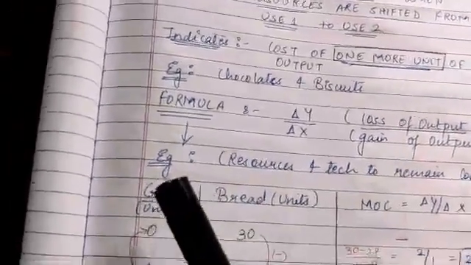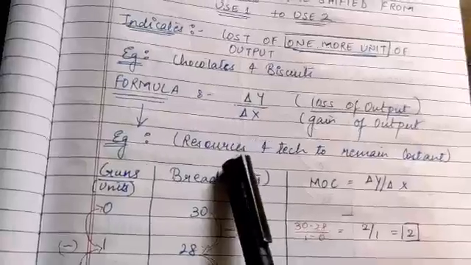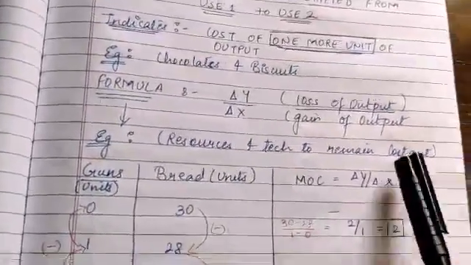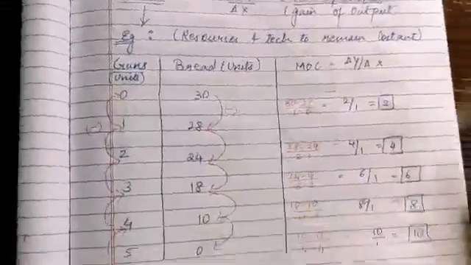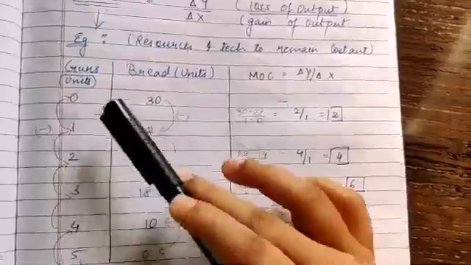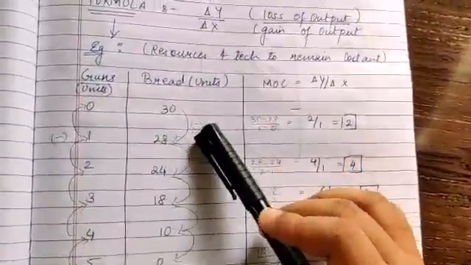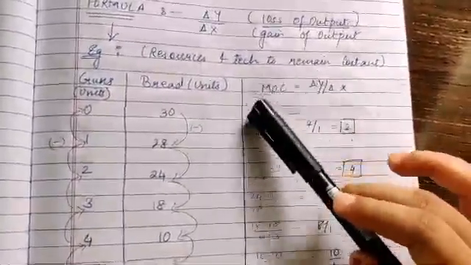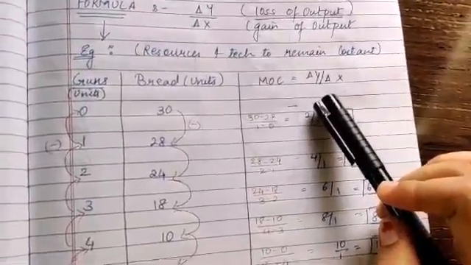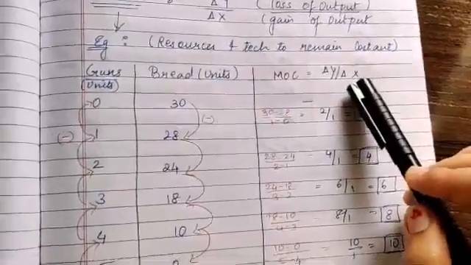Now suppose I have taken an example, and I have said that resources and technology will remain constant. If you can see, guns and breads, both in units, and we need to find the marginal opportunity cost. Now what is the formula? That is delta y upon delta x.